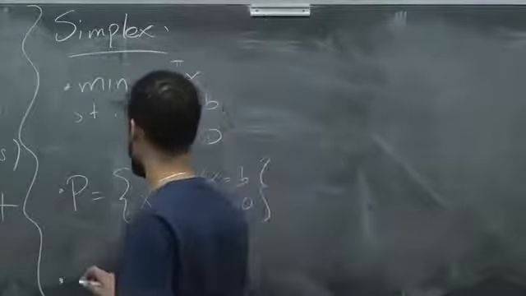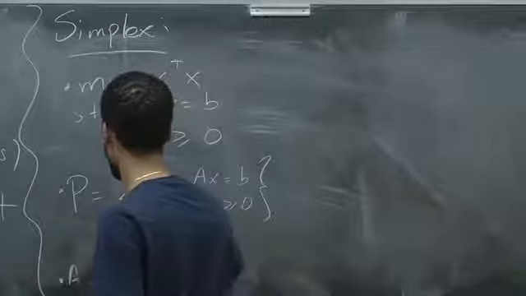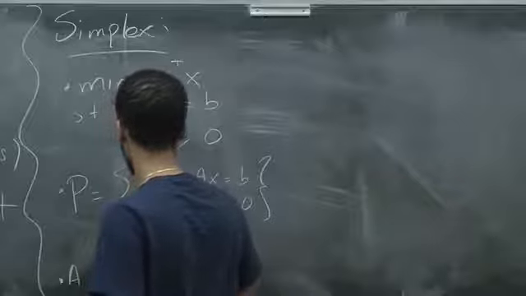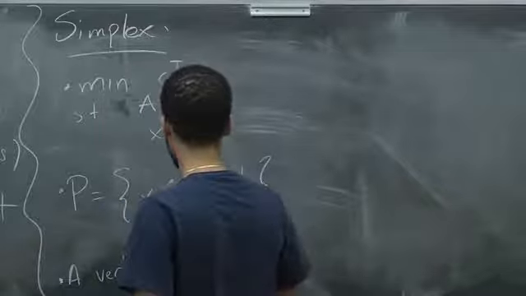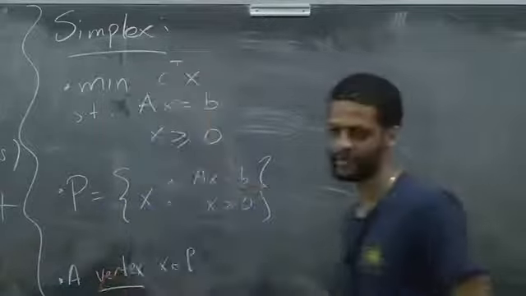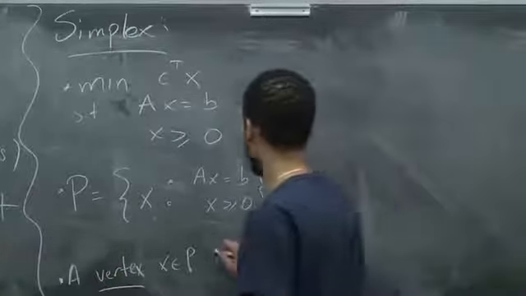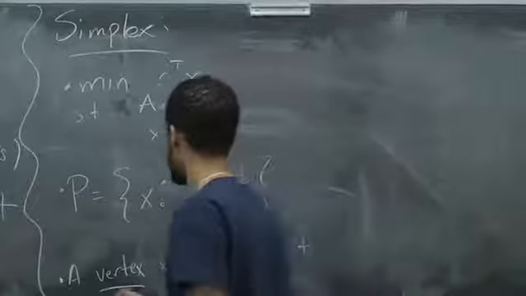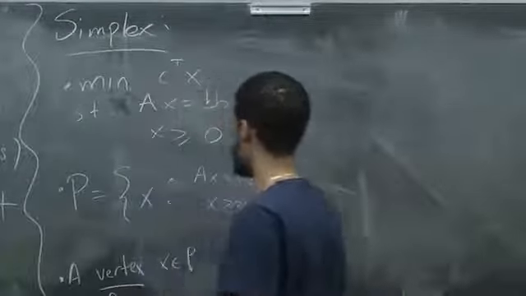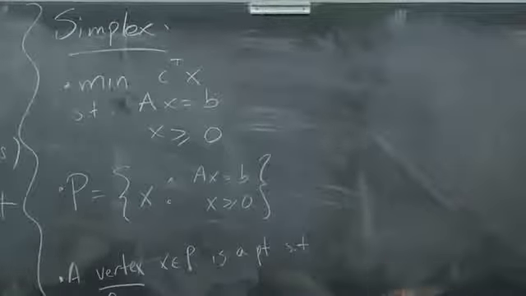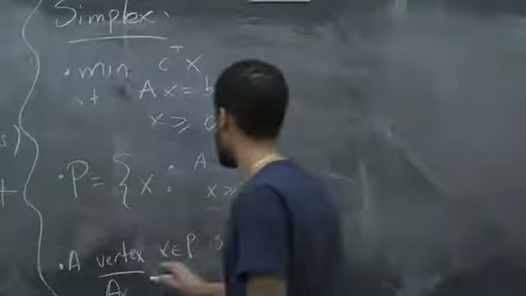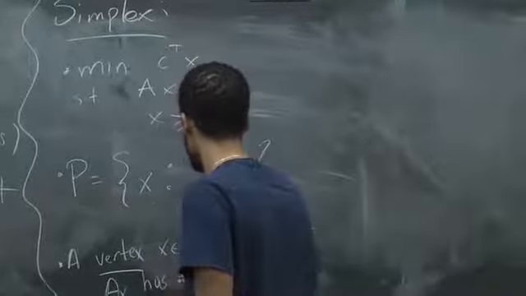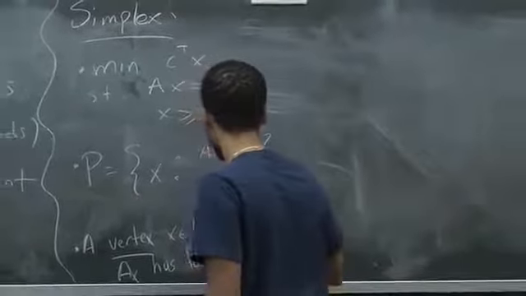And we said that a vertex x in P is a point such that A_x, the submatrix A_x, has full column rank. So it has linearly independent columns.